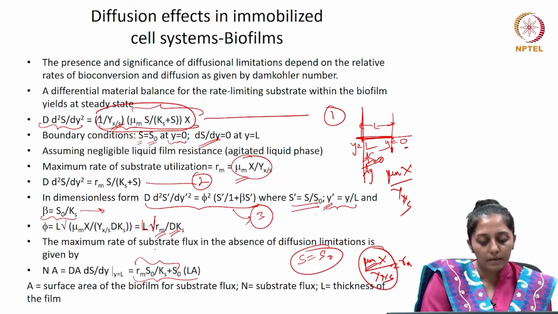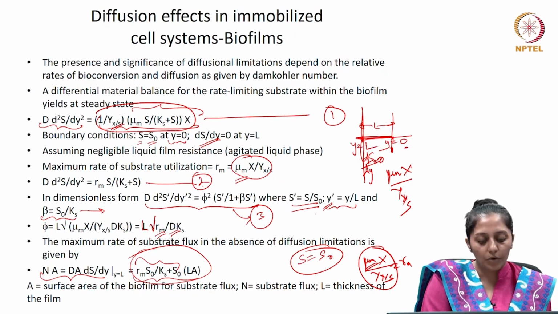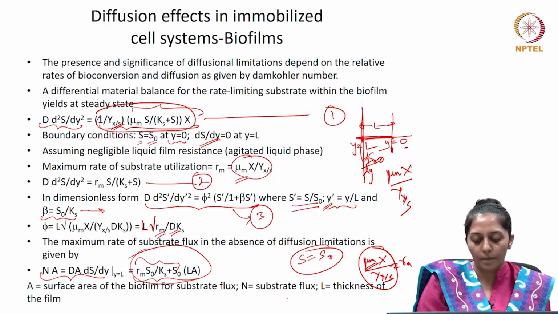And this rate of reaction or substrate utilization at steady state is equal to the rate of substrate transfer at the surface where the enzyme is attached. So, how do we determine that? Using Fick's law.